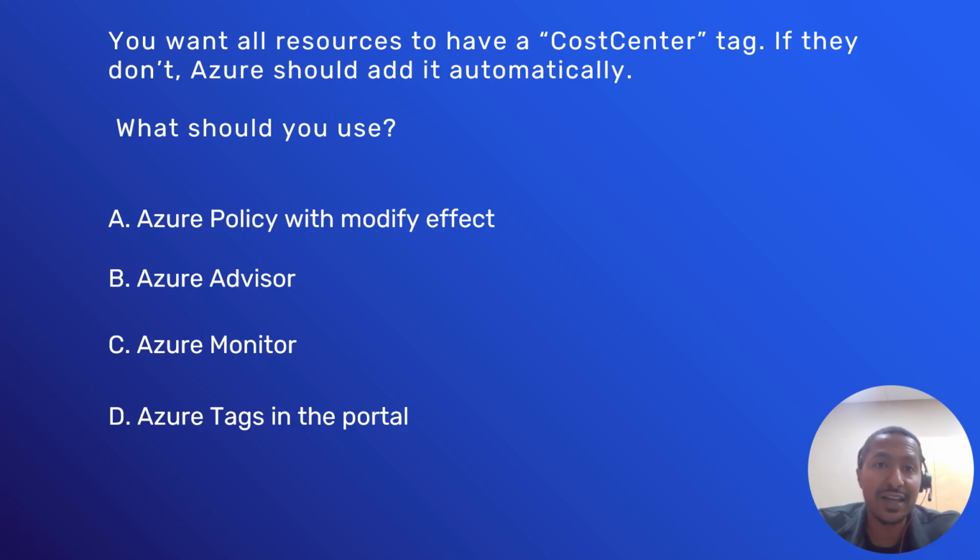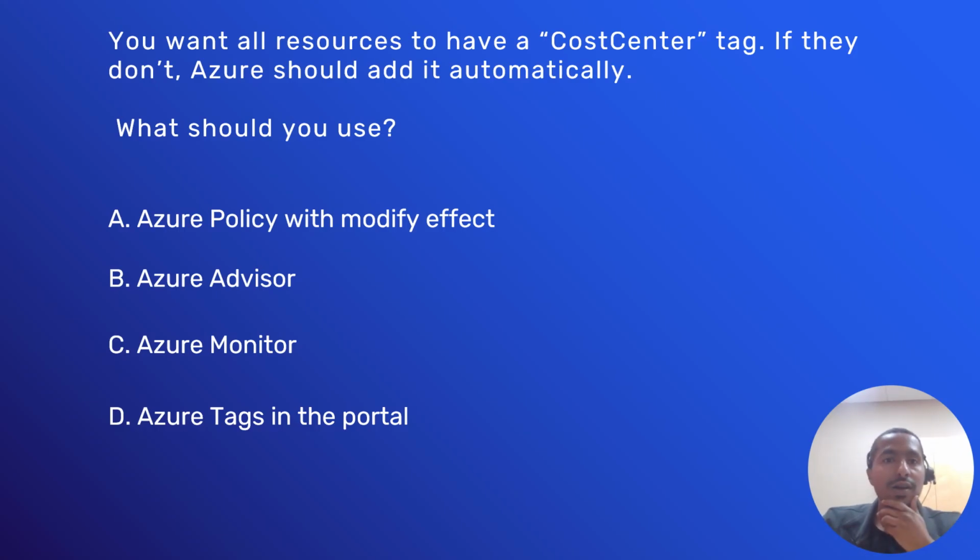Option D, Azure Tags in Portal. And this one is tricky because yes, you can manually apply tags using the portal, but that's not automatic. And if you forget to tag a resource or someone else creates one without a tag, Azure won't fix it for you. This is a manual task, not a policy, and this is why A, Azure Policy with the modify effect is the correct one.